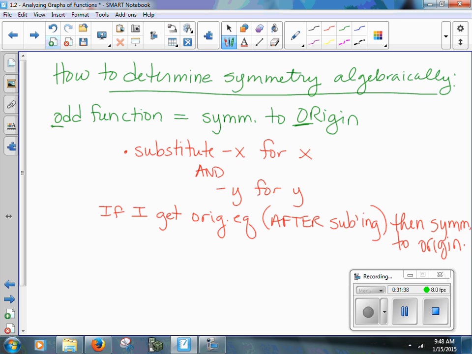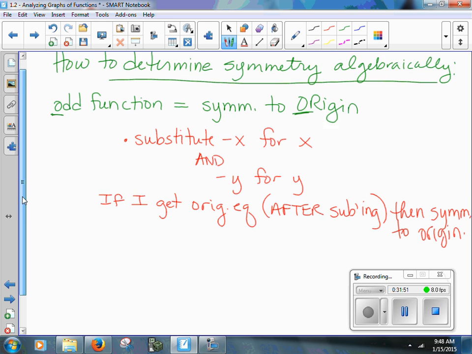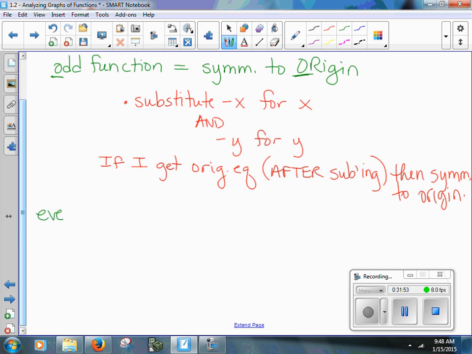And the thing about this, folks, you have to test all three. You've got to see, is it symmetric to the origin? Is it symmetric to the y-axis? Here we go. If it's an even function, which equals symmetric to the y-axis, origin has it all. Got to do everything to it.